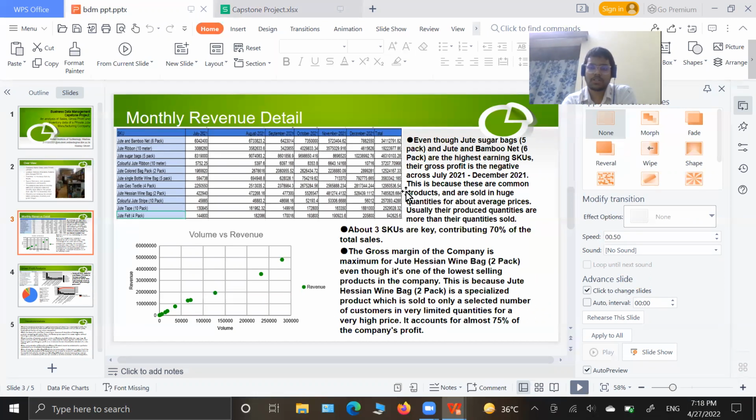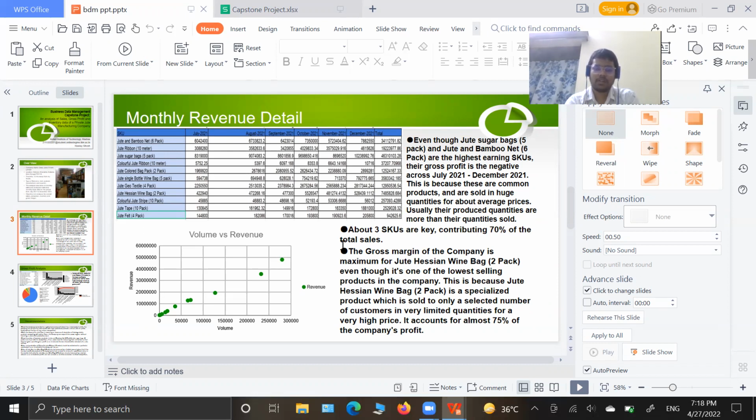This is because these two products are the most common products, and they are sold in huge quantities at average prices. The quantity is huge, but their prices are low because their demand is high. The next thing I observed is that about three SKUs are contributing to 70% of the total sales.